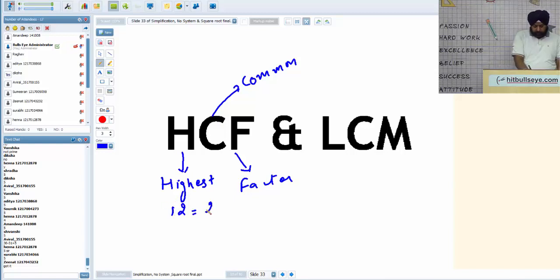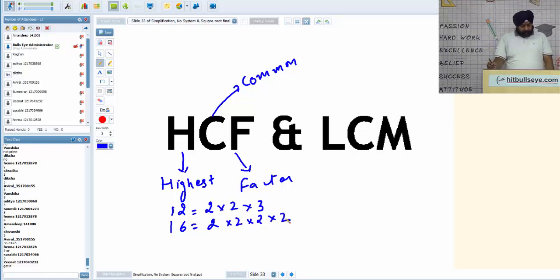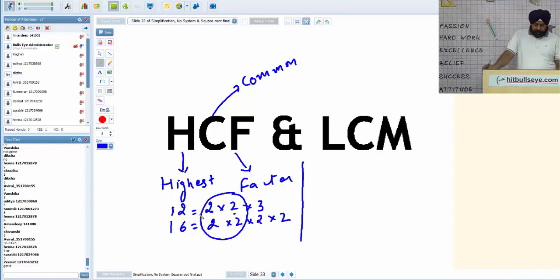12 is 2 into 2 into 3, and 16 is 2 into 2 into 2 into 2. What I am doing is finding the HCF. Highest common factor: one of the factors is 2, another is 2, so among these, 2 into 2, 4 is the highest common factor. So the basic understanding is you make the prime factors and see which of them is the highest common.